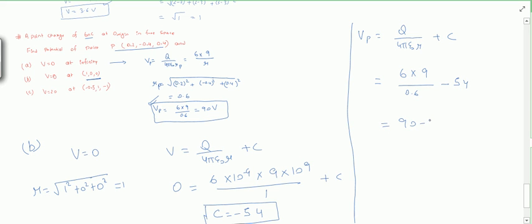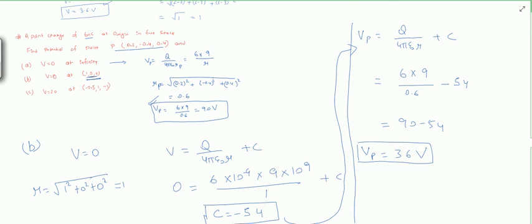So here 90 minus 54 will result in 36. So potential at point P will now be 36 volt for the B part, because I have shifted my reference to point 100.